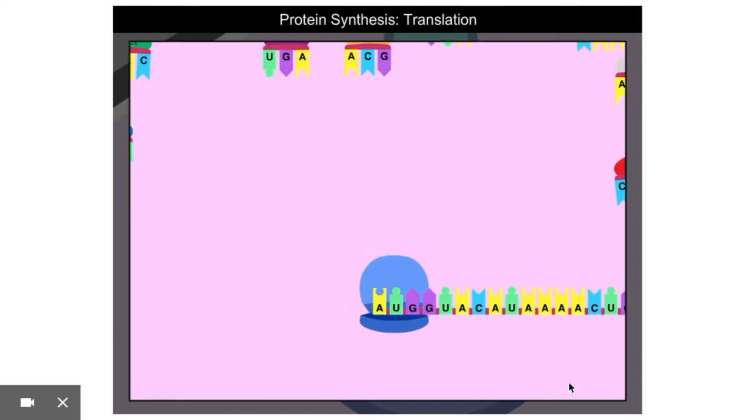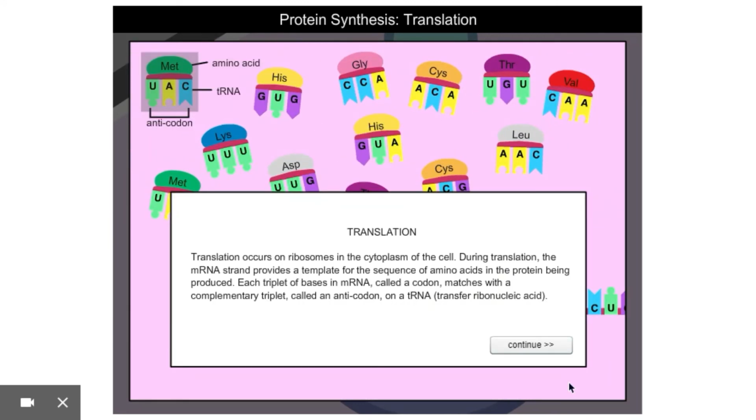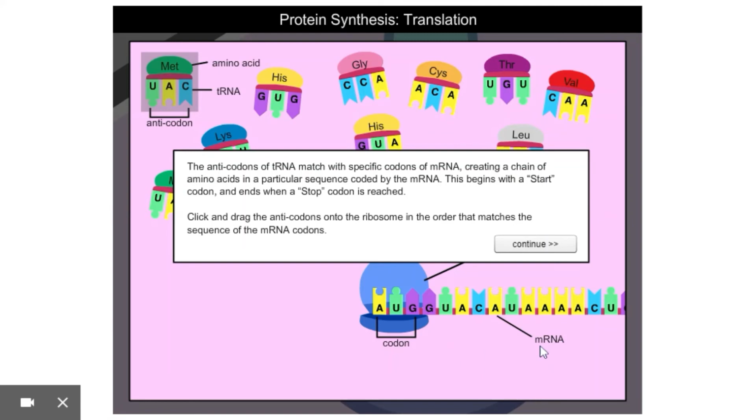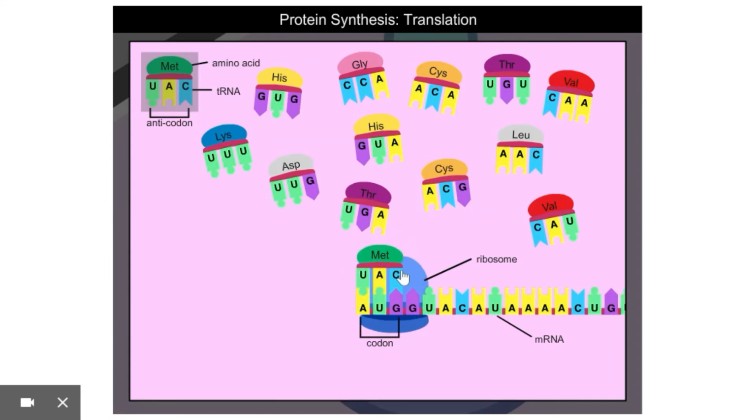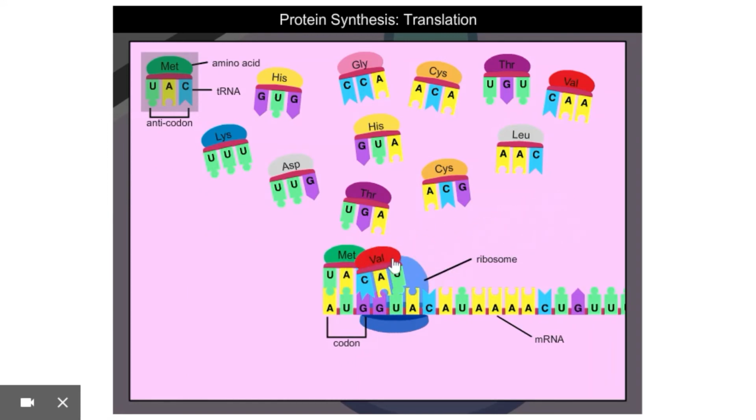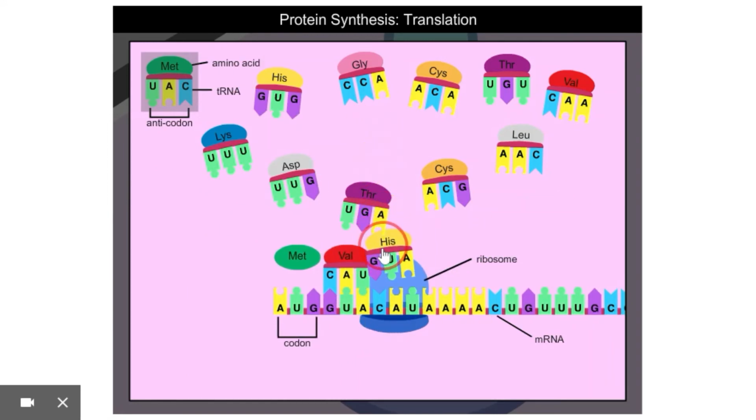In the cytoplasm, this mRNA joins up with a ribosome, and once it joins up with the ribosome, small strands of tRNA, a different type of RNA, can bring in the amino acids and start to build up, using the template of the mRNA, the protein that is to be made by this gene.